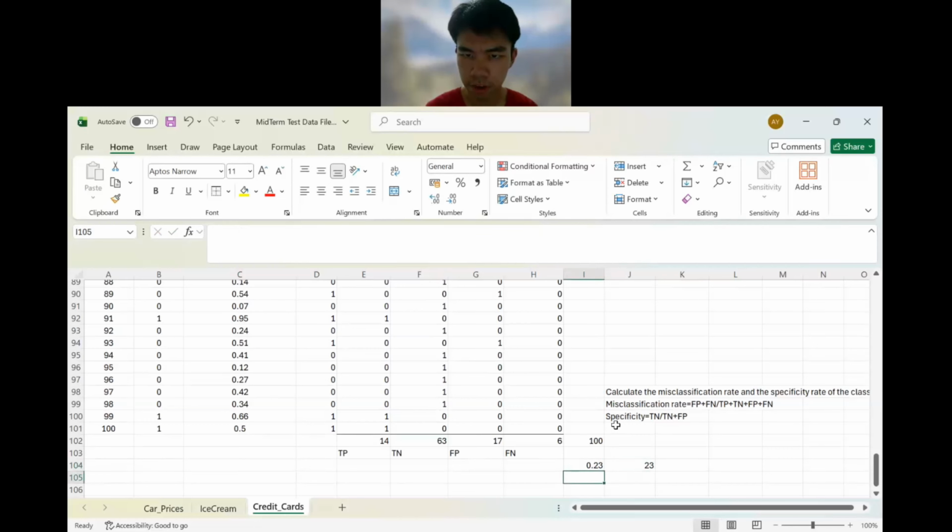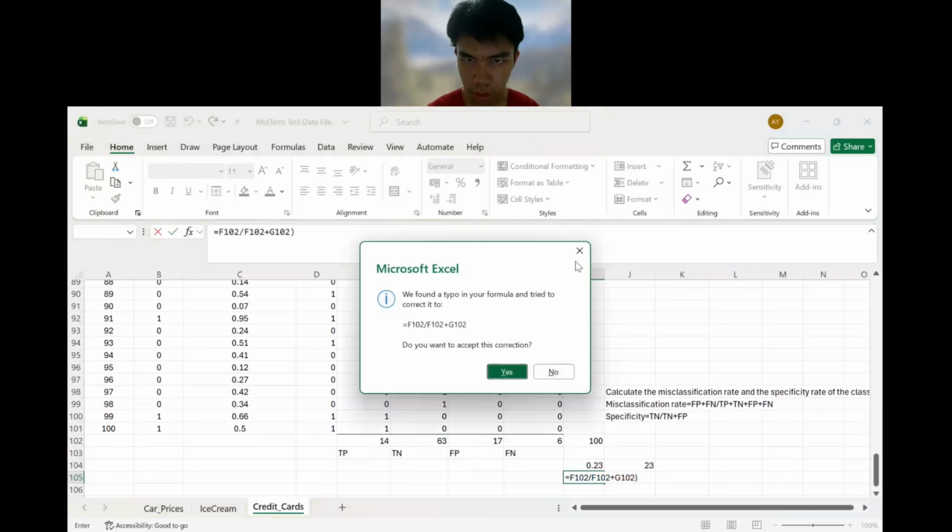And then the next is the specificity. The formula is true negative divided by true negative plus false positive. Oh, sorry.